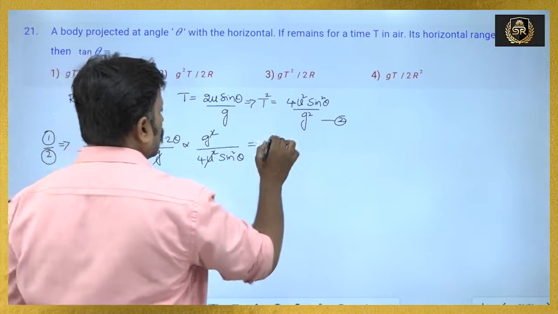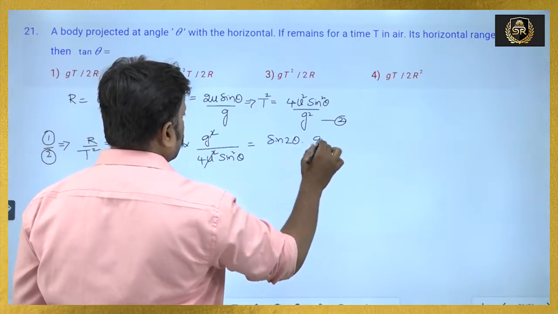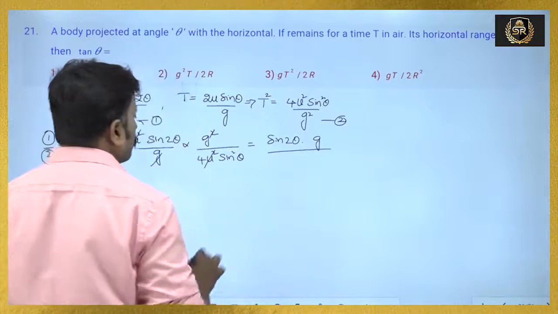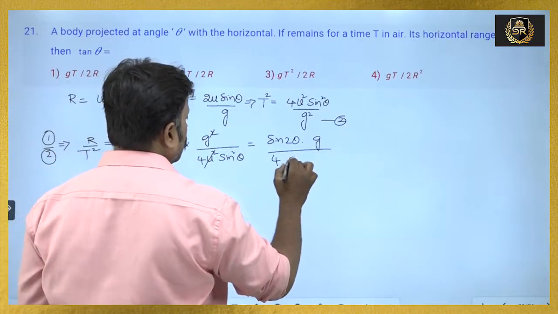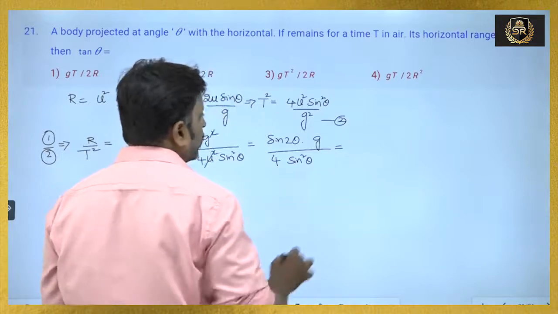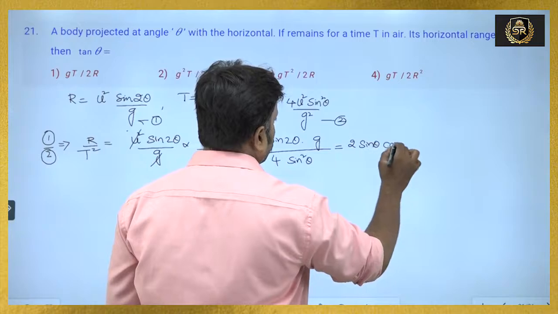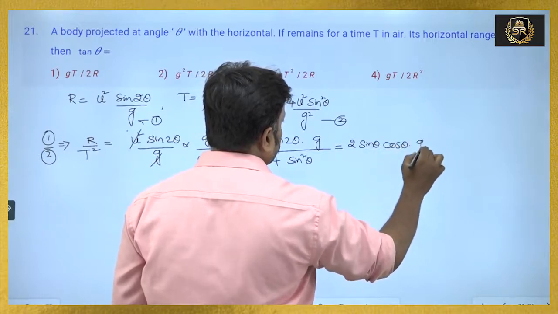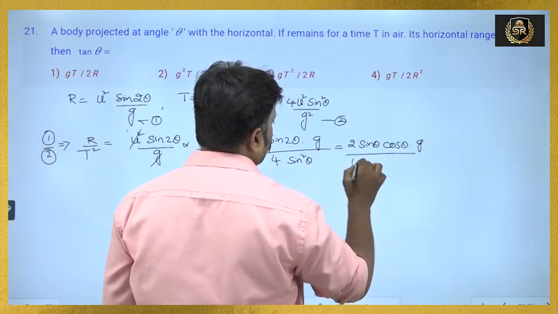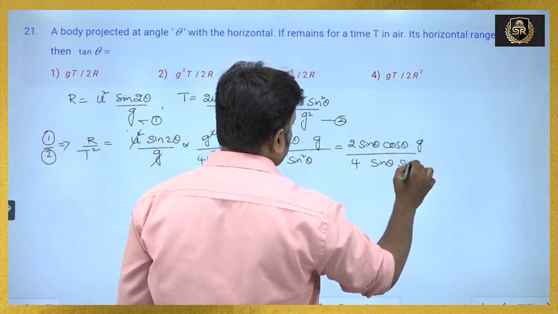You are left with sin 2 theta into g by 4 sin square theta. Now expand the sin 2 theta to 2 sin theta cos theta, g by 4 sin theta into sin theta.